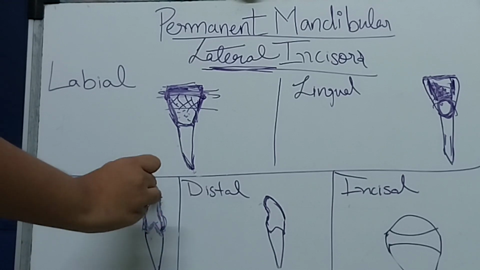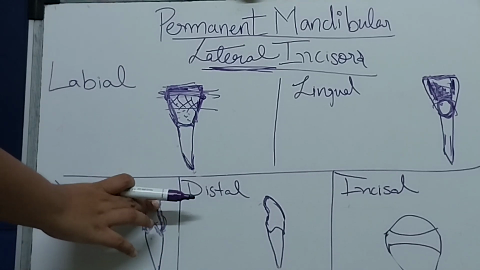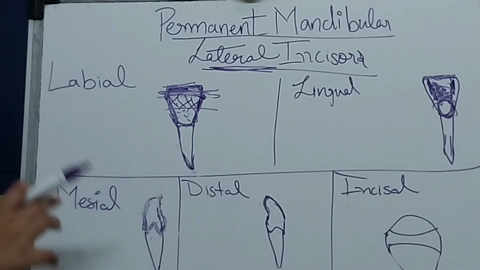It is pointing like this, so it points over here. That's what the statement means. And the mesial surface is convex and smooth at the incisal third and becomes broader and flatter at the middle third to the cervical area. So it is smoother over here, in the incisal third.